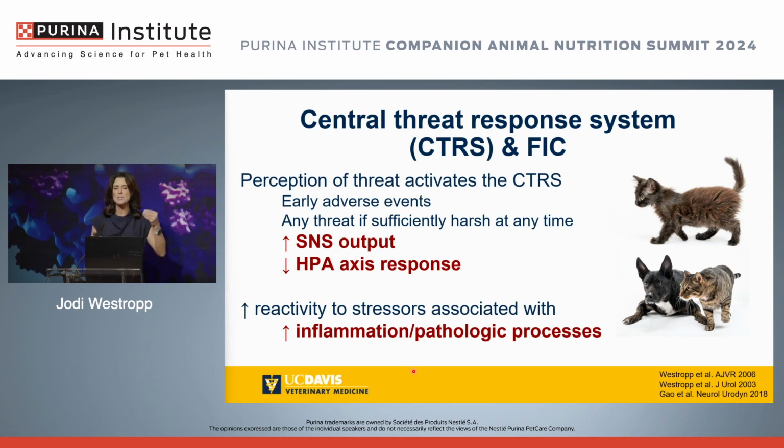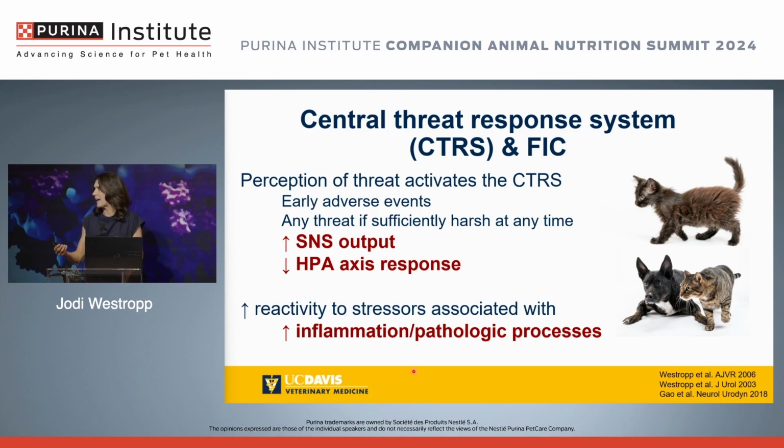And it's the perception of threat that increases this. Again, maybe due to early events, but any threat, if it's sufficiently harsh as perceived by that cat, can trigger this. And just to give you an idea, I don't know if you all know the stress studies that we did in cats, but it wasn't anything tortuous by any means. It's what we might do in a home. We moved the cats to a different room.